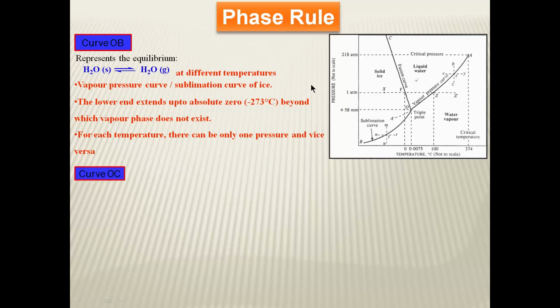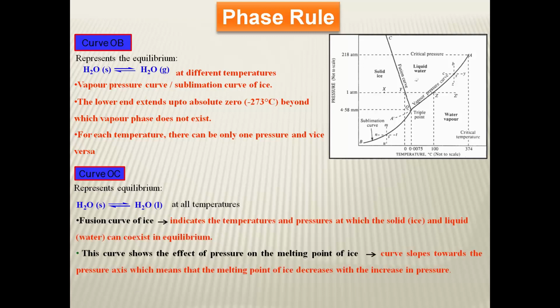Now this curve OC. Curve OC is the fusion curve, and it indicates the temperatures and pressures at which solid ice and liquid water can coexist in equilibrium. That is, it represents the equilibrium between solid water and liquid water at all the temperatures.